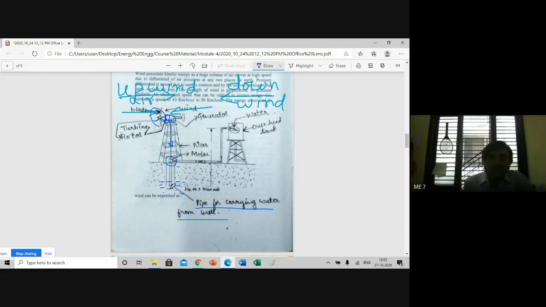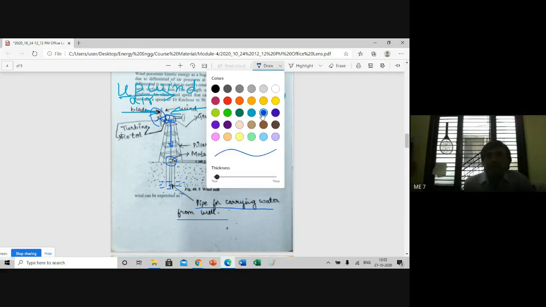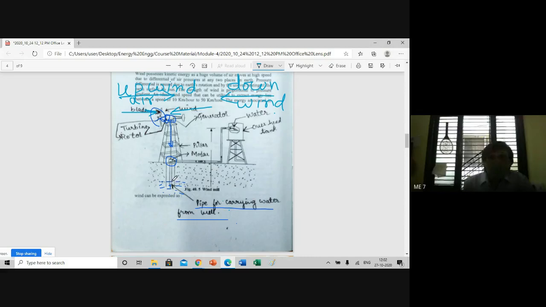Water is present here. This water is taken like here, and that water through this pump pipe is sent to the overhead tank.